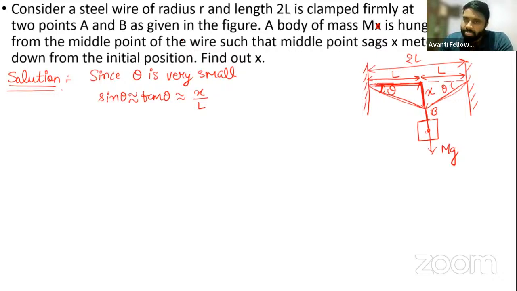Okay. Now, in this case, we know tension would be developed in this wire because it is stretching. This tension is in this direction and this direction. So if you draw the forces, there is a weight mg in the downward direction. Now, this is the value of T for this one, and here it is this one.